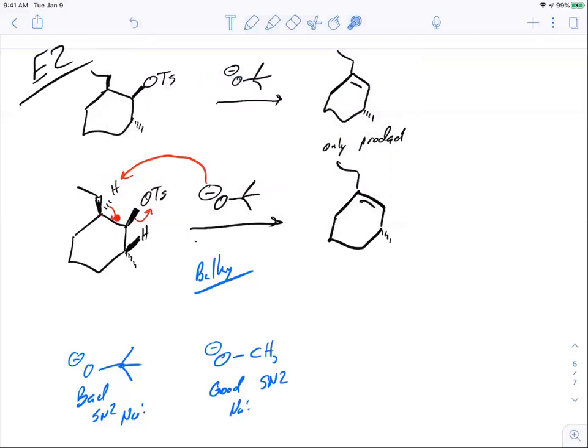But then when these electrons come up, where do these electrons need to go? They're going into an orbital. And what orbital are they going into? Well, what's leaving? The leaving group. So these electrons need to be going into that orbital.